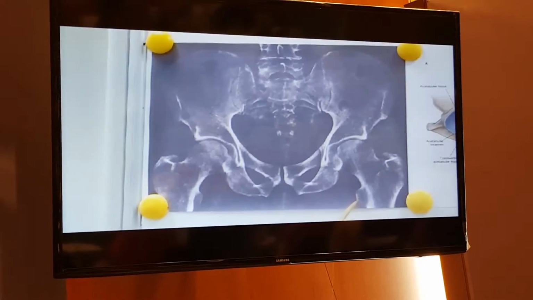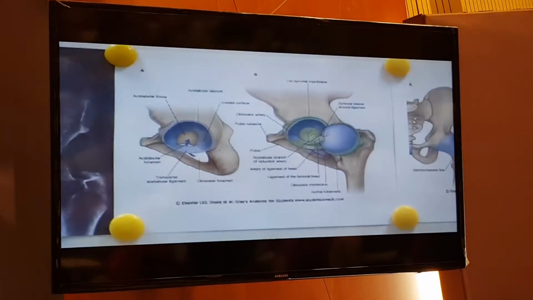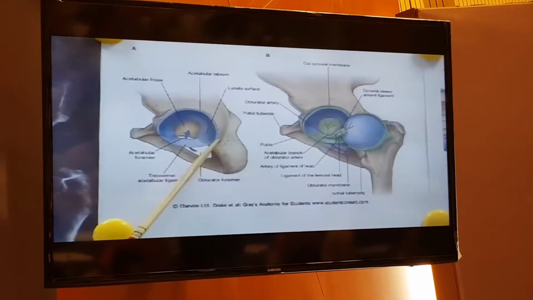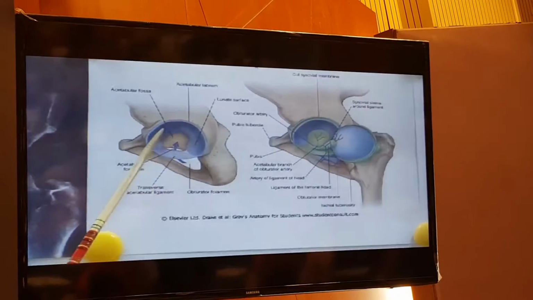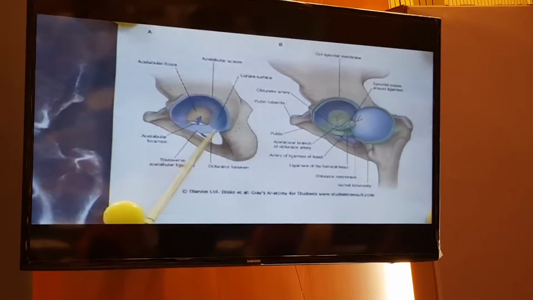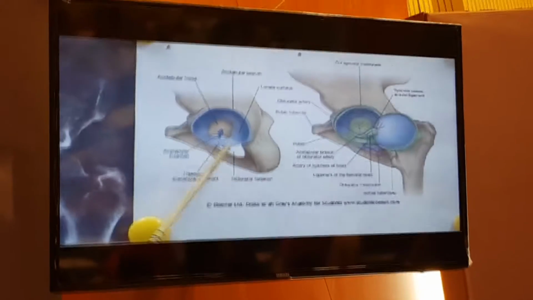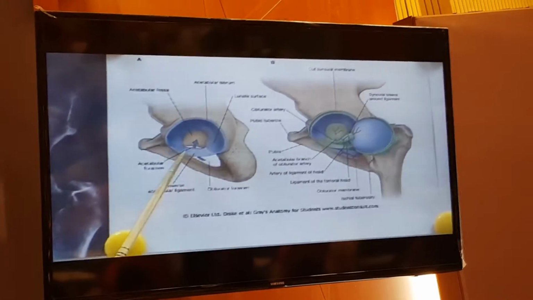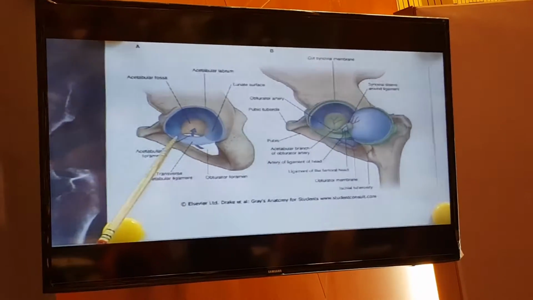Now we go to another picture looking at the acetabular fossa. Look here, this is the acetabular fossa. As I have told you in the lecture, the acetabular fossa is not a complete fossa. There's a little notch here called the acetabular notch. This notch is bridged by the transverse acetabular ligament to make the margin a complete margin.